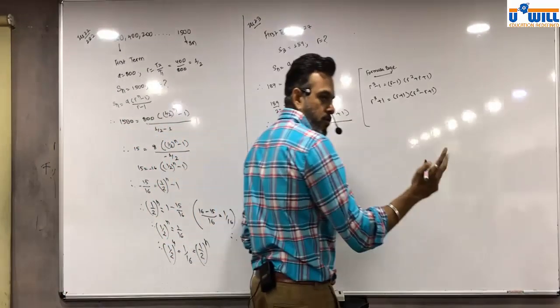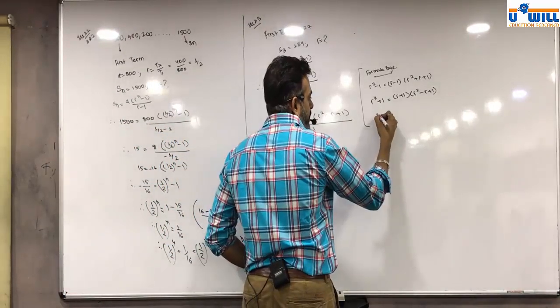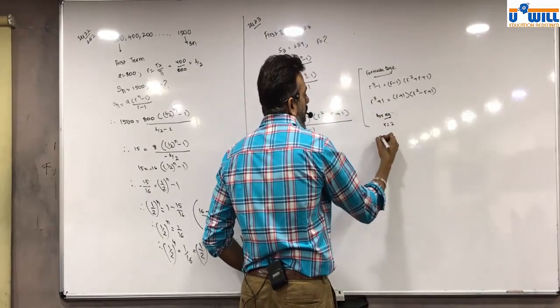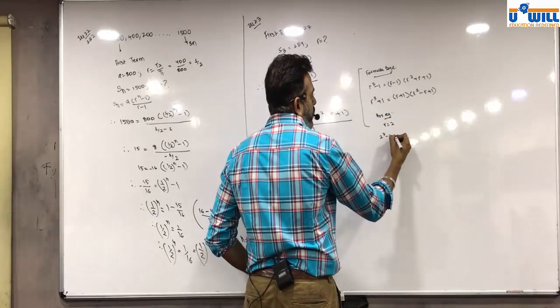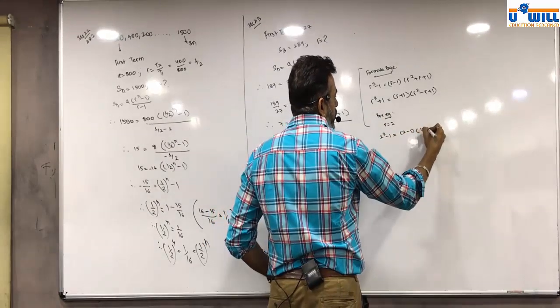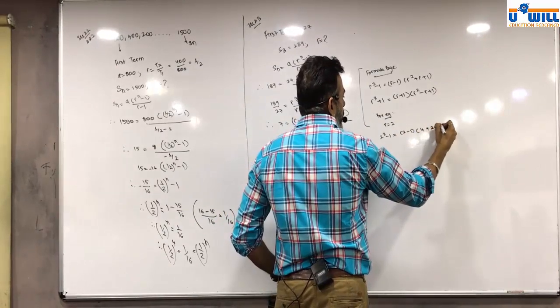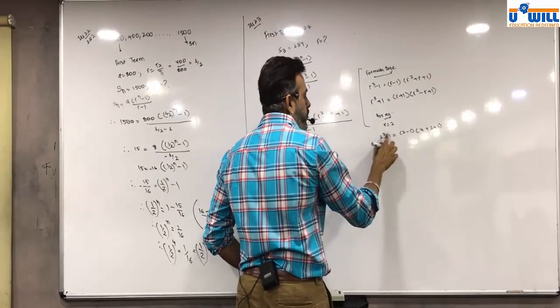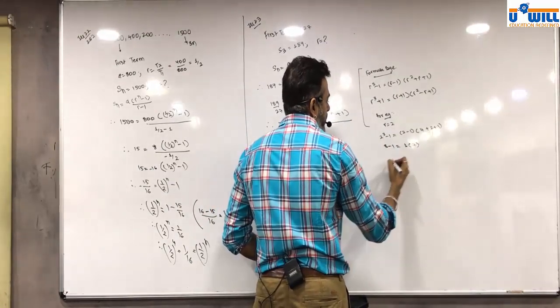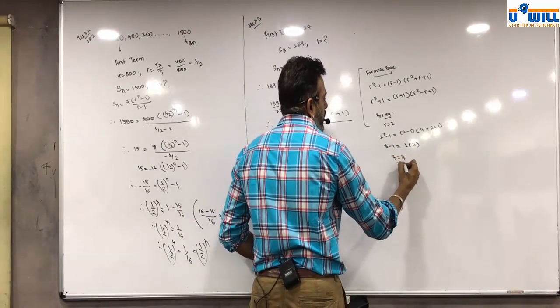Let's take, for example, R is equal to 2. So 2 cube minus 1 is equal to 2 minus 1 into 2 square is 4 plus 2 plus 1, which is equal to 8 minus 1, which is 1 into 7, which is 7, equal to 7.